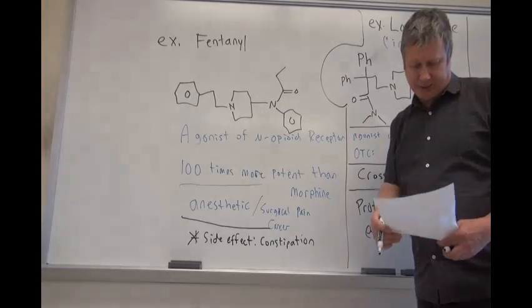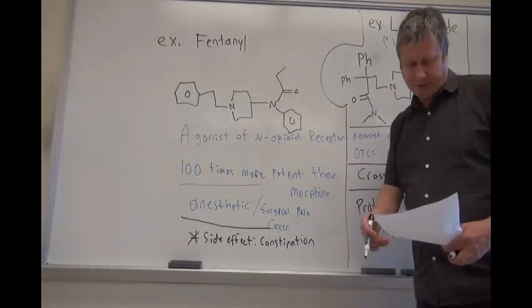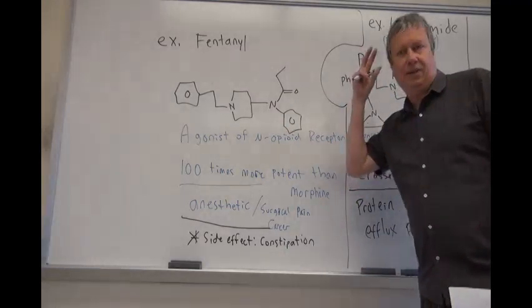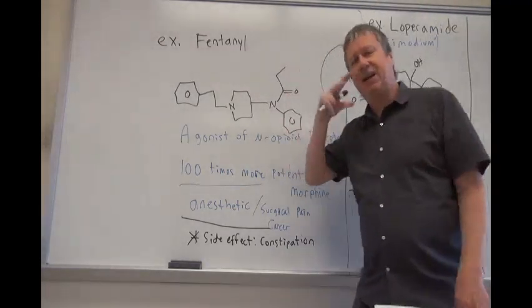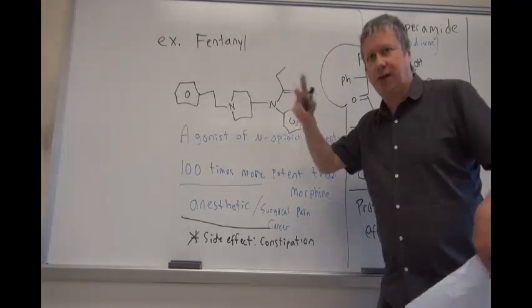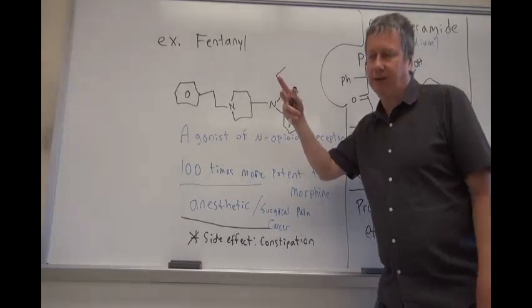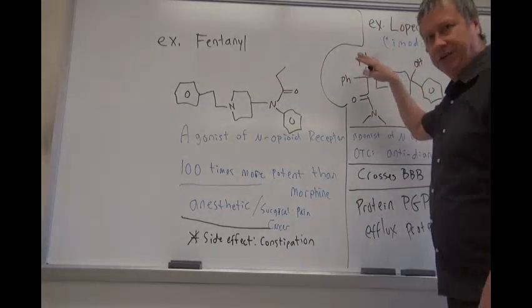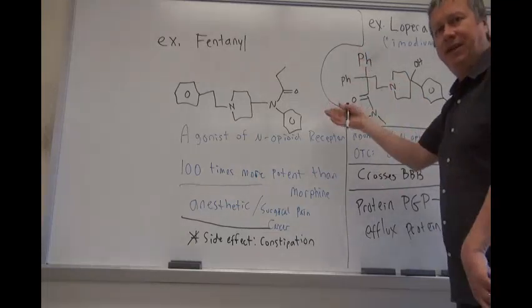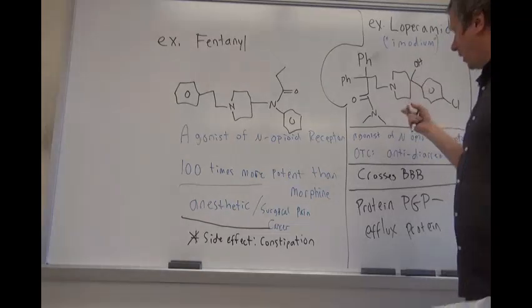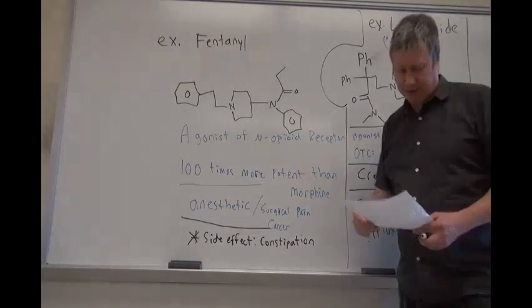PGP is kind of like a drug exporter. It's present in a lot of parts of the body, and it kicks drugs out of different organs, including the brain. All right. So even though loperamide enters the brain, it gets quickly effluxed out, and that's why it doesn't have this anesthetic effect. And that's why it's an over-the-counter anti-diarrhea drug.